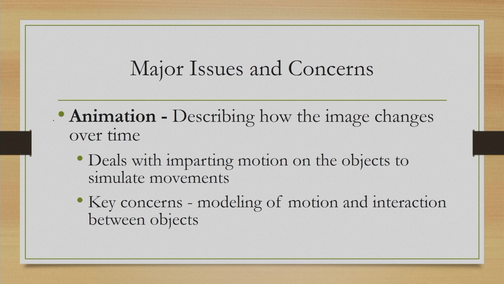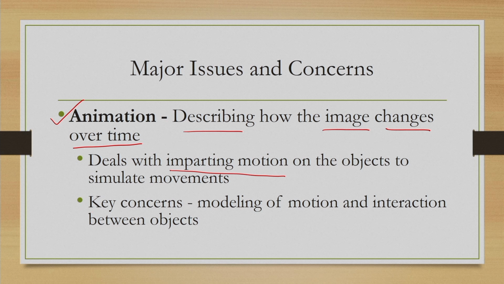Then the third major issue related to graphics software is animation, describing how the image changes over time. So, what does it deal with? It deals with imparting motion on the objects to simulate movements, to give us a perception of movement.